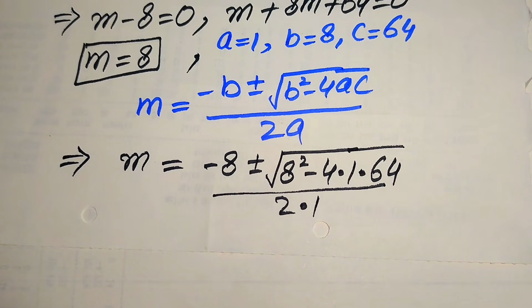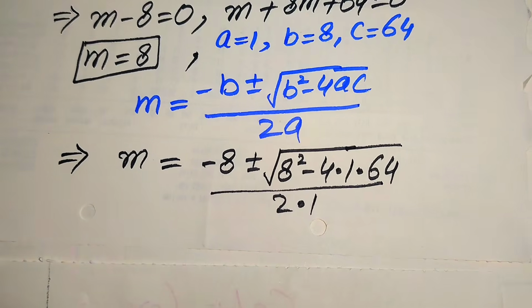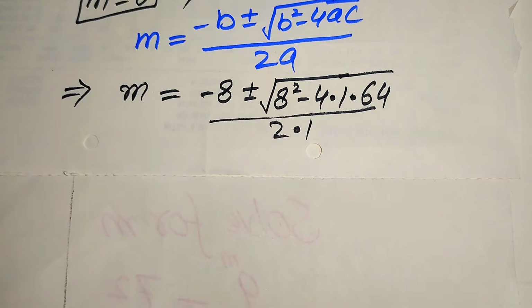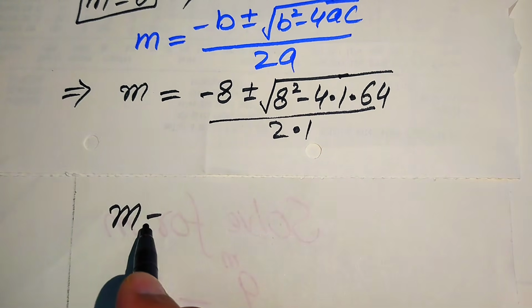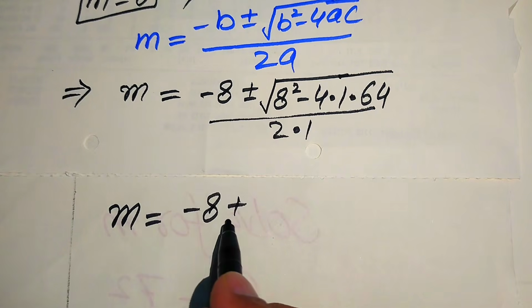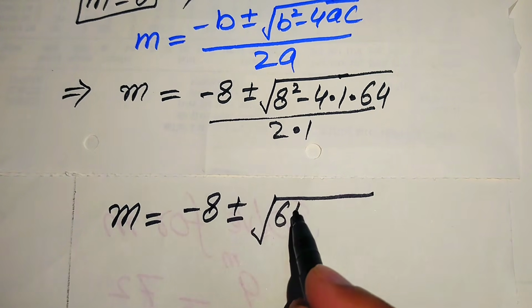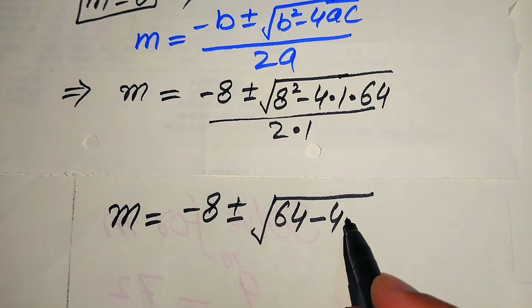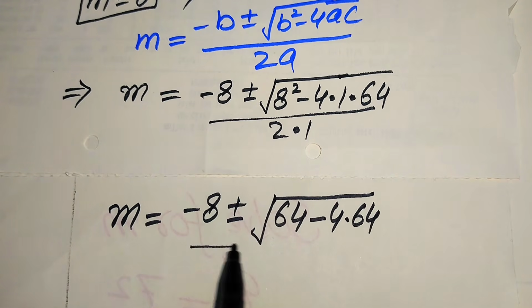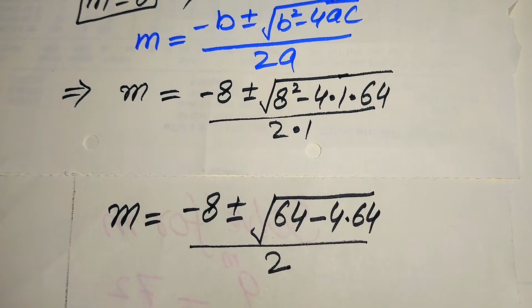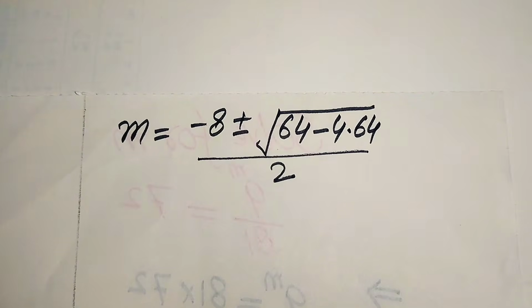Further, in the next step we need more simplification in order to find the values of m, so we have m equals minus 8 plus or minus square root of 8 squared, which is 64, minus 4 times 64, divided by 2 times 1, which is 2.